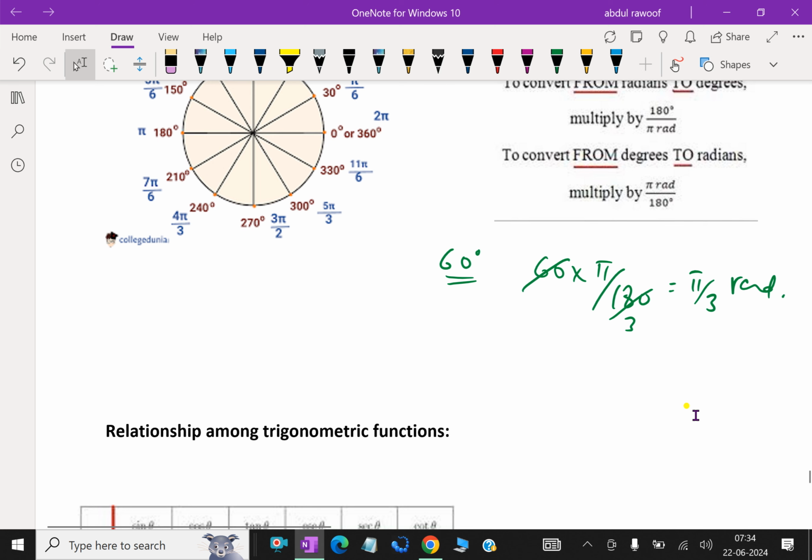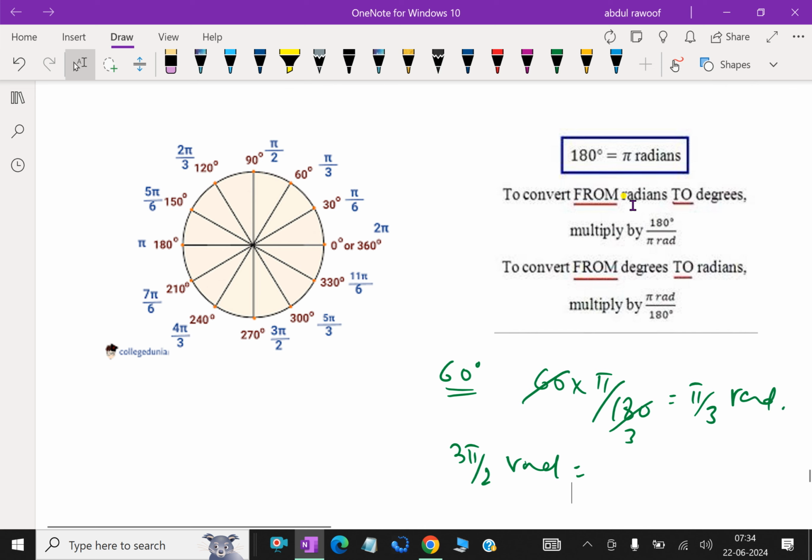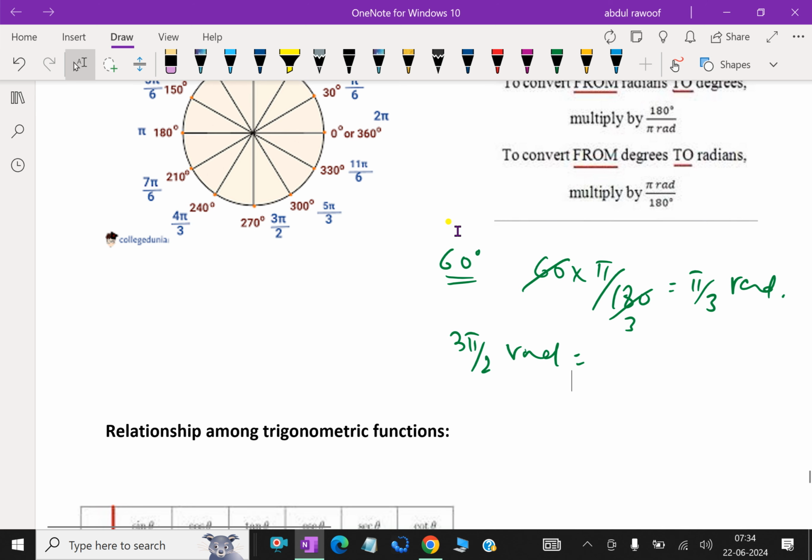Next, 3 pi by 2 radians is how many degrees? From radians to degrees, you multiply by 180 over pi.